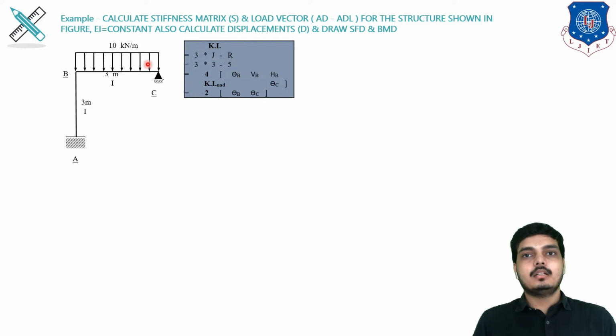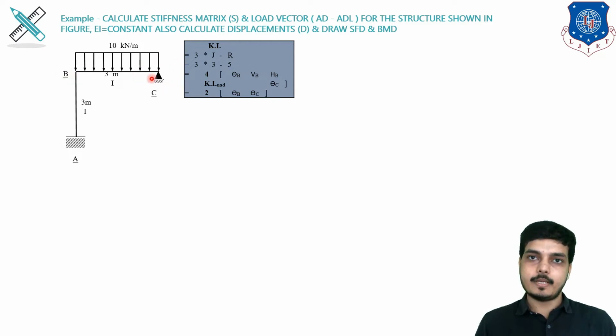Now look over here, a simple support is given, so it resists vertical reaction as well as horizontal reaction. So there will be no horizontal deformation at B because there is a resistance given at C. Similarly, you can see a support is given at A which can resist vertical reaction also.